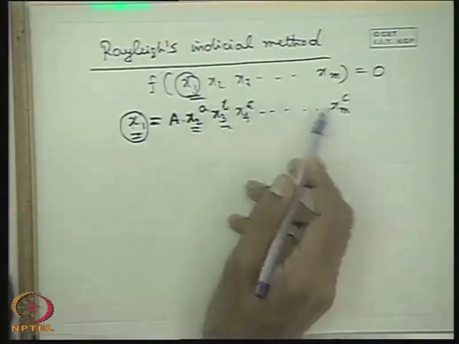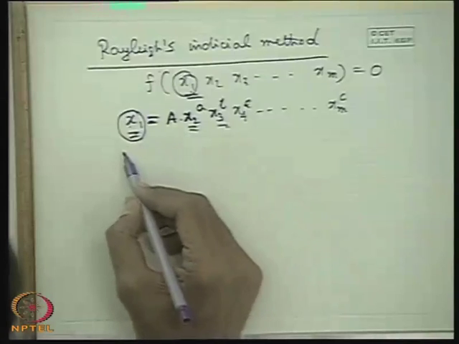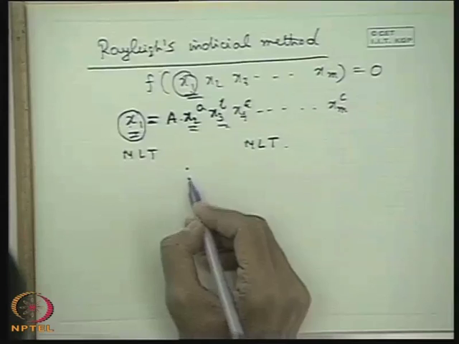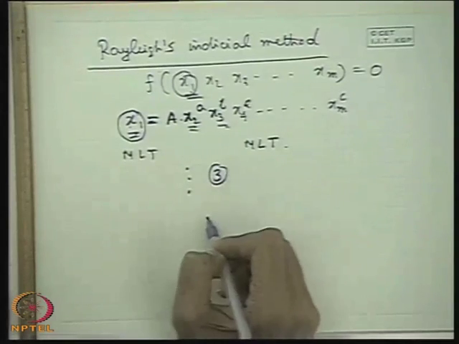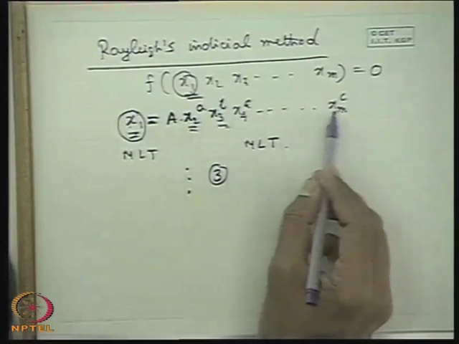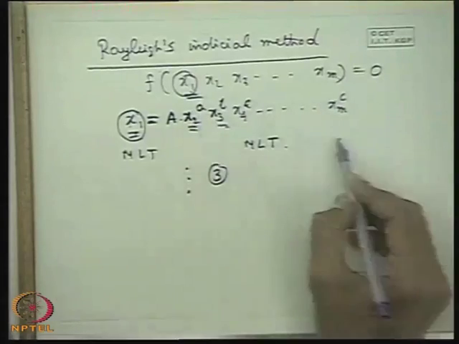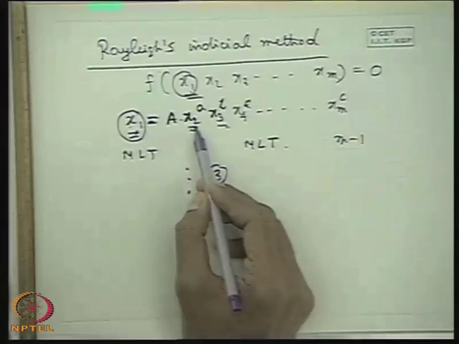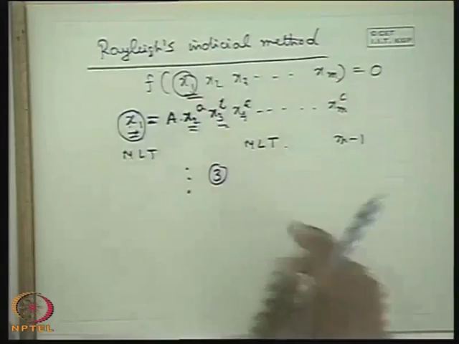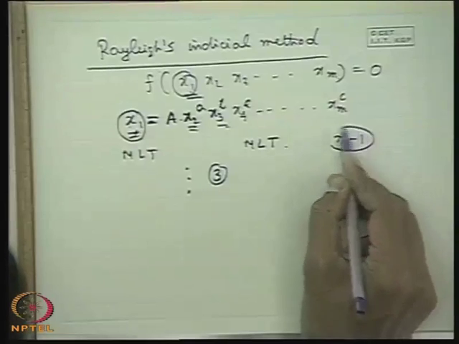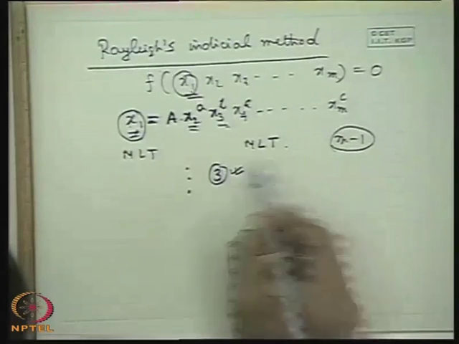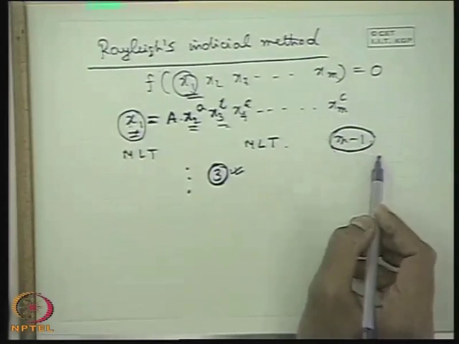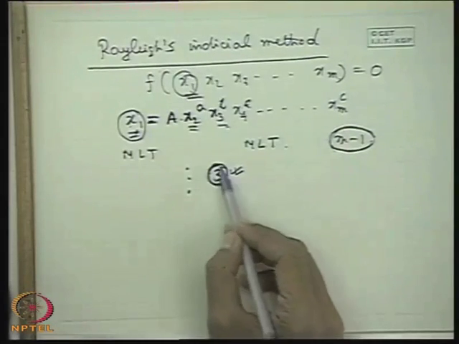Then for these unknown indices, if we equate M, L and T from the right-hand and left-hand sides, we get 3 constraining equations. If the total number of variables is m, then there are m minus 1 unknowns, a, b, c and so on, because the dependent variable is separate. But we have 3 constraining equations, so the m minus 1 unknowns are expressed in terms of 3 fewer variables.